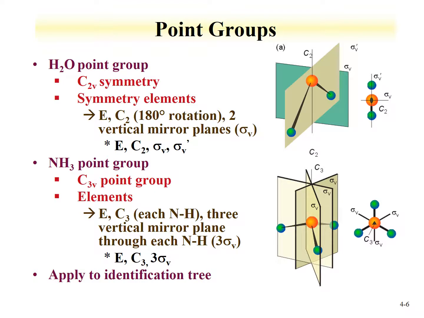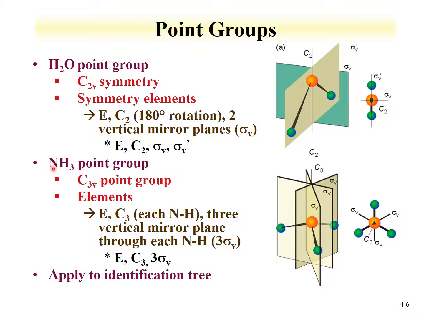There's two other examples on this slide. One is for water, H2O, determining the point group. The answer is that it's a C2v symmetry. And if we see here, there's a C2 axis and two vertical mirror planes. If we were to go through the identification tree, we should get to C2v.